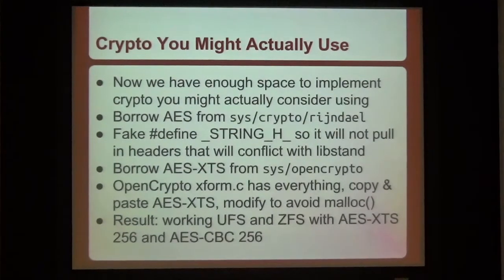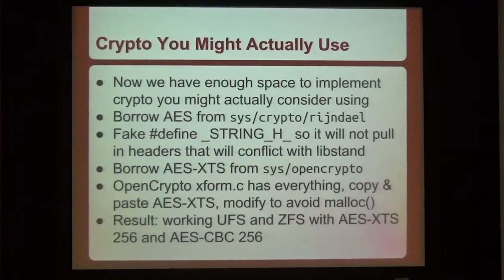It would try to pull in libc into my loader, and that just exploded. Because libstand is already providing slightly different versions of those functions, if you pull in string.h, its prototypes of those functions don't match up exactly, and the compiler complains. So I had to pretend that I included string.h to make it happy.